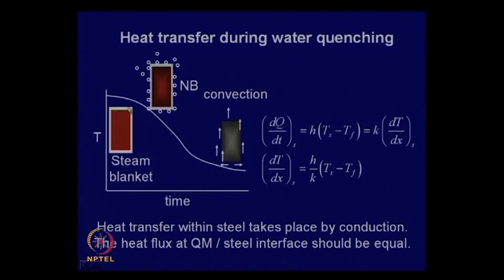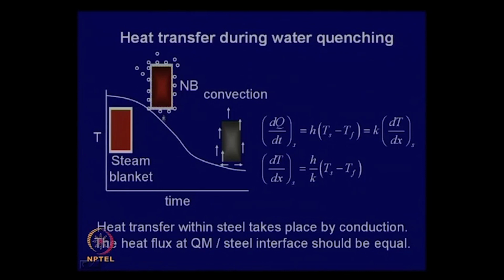So, suddenly a steam blanket will form over here, and this steam blanket has a relatively low conductivity and it is stagnant. So, you have a poor heat transfer coefficient.